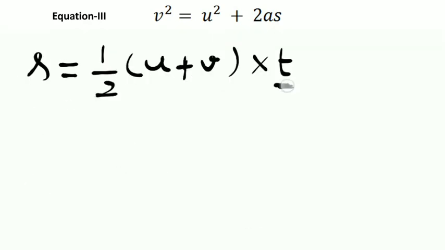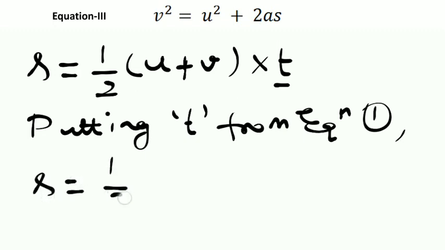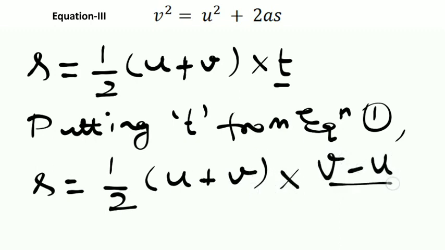Putting t from equation 1, this becomes s is equal to half u plus v, and the value of t is v minus u upon a.